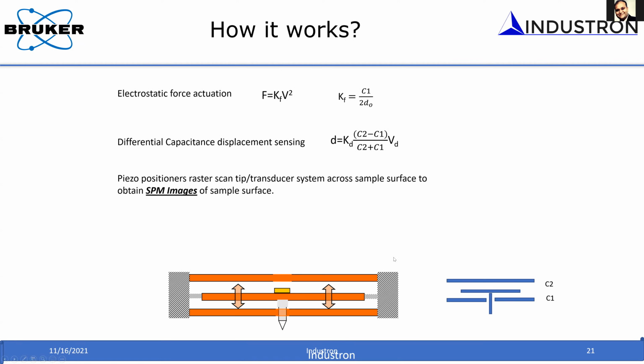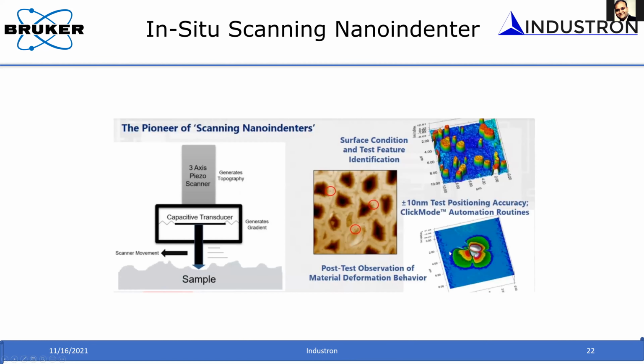Now, if you fix this transducer on a piezo scanner, for example a 3-axis piezo scanner that can move in the X, Y and Z directions, you can also use this transducer to scan on a surface and generate a surface profile. In this cartoon, the tip is sliding on the surface in a raster scan pattern. As the tip slides, depending upon the morphology of the surface, the ups and downs, the center plate is going to go up and down.